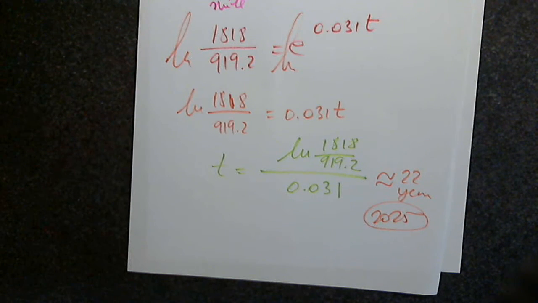I'm a little lost after the 1818 divided by 919.2. In the calculator, you mean? Like before you applied natural log, when you had 1818 divided by 919. Yeah, I think that's what she was talking about.